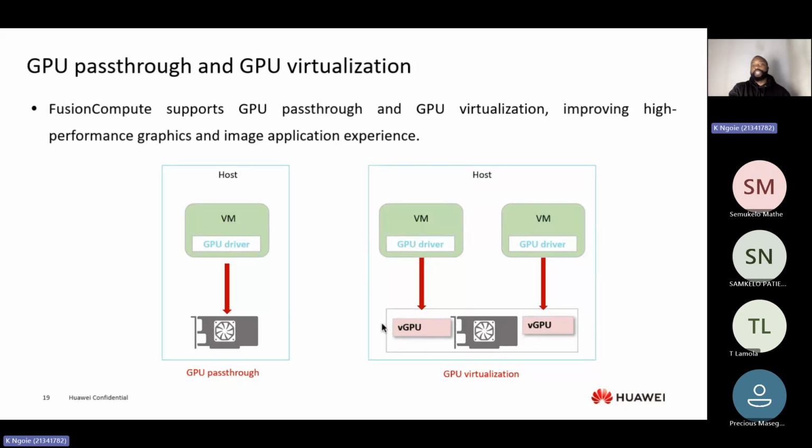This is basically where physical GPUs are virtualized into multiple virtual GPUs. The virtual GPUs are called vGPUs. This can be done so they can be used by multiple VMs.